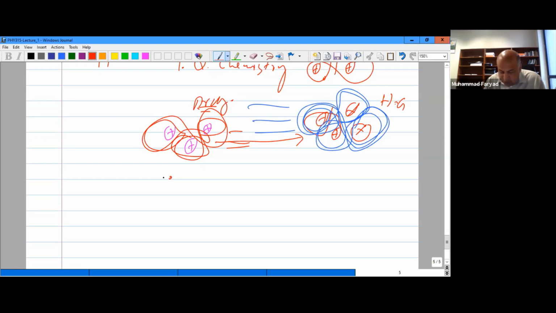The second set of applications relates to searching algorithms. So people have discovered algorithms that are faster than classical algorithms.